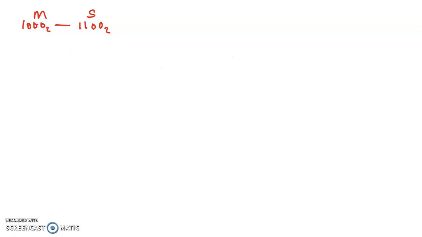If you know the coding system, by now you should know that this 1000 is nothing but 8 in the coding system, and 1100 is nothing but 12. You can confirm that by using 8421.